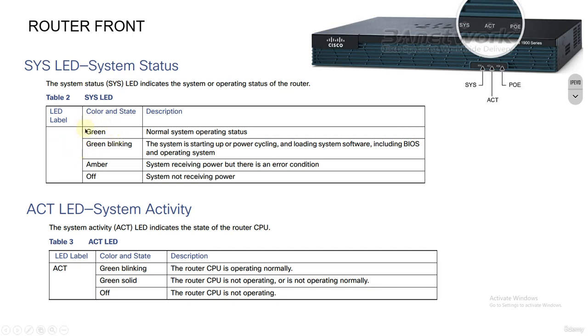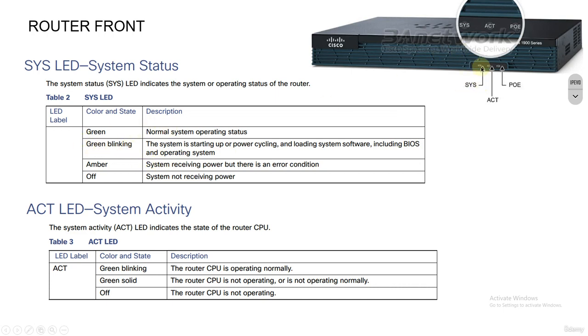If the LED is green, it means normal operating system, everything is working normal. If the green light is blinking, it means some activity is going on: the system is starting up, power cycling, and loading system software including BIOS and operating system. Okay, so everything is normal up to this point.